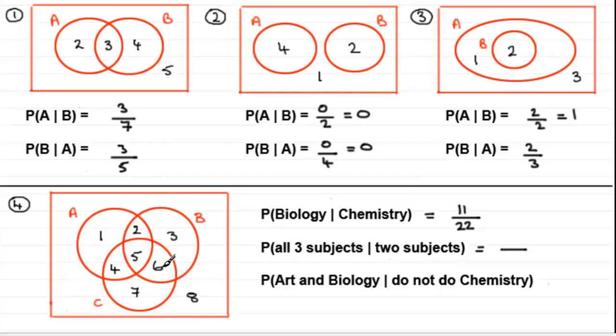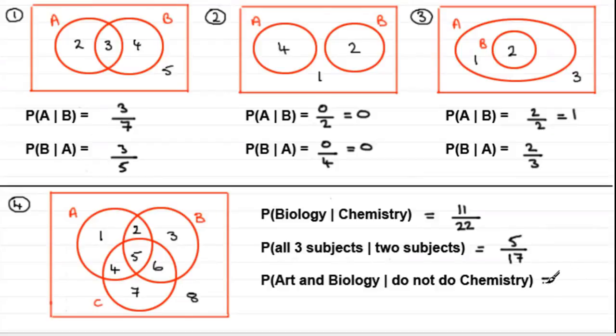And if you add that up, you're going to get 17. 2, 4, 5 and 6 comes to 17. So that's our denominator. And how many of these people in this region in here do all 3 subjects? Well, it's these 5 people. So it's 5 out of 17.